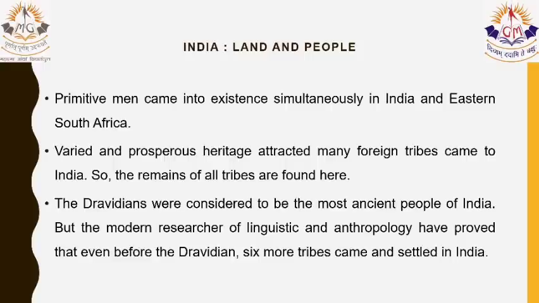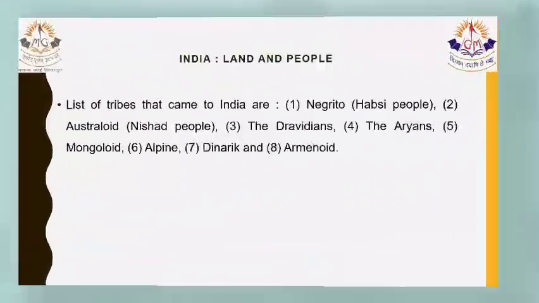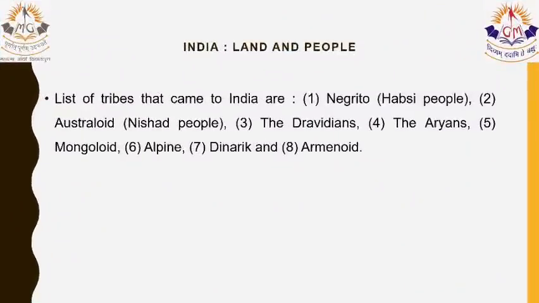So according to the language that was spoken earlier and now, and the human and the human relationship in between any two tribes, etc., the researchers were able to prove that even before the Dravidians, 6 more tribes came from outside of India and settled in various parts of India.